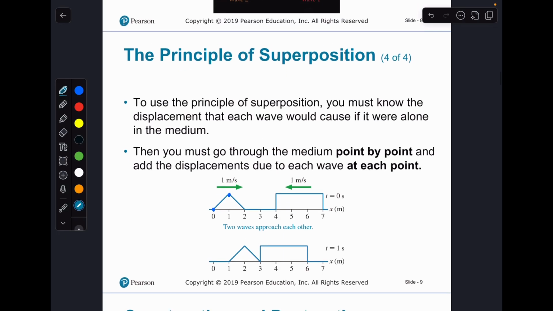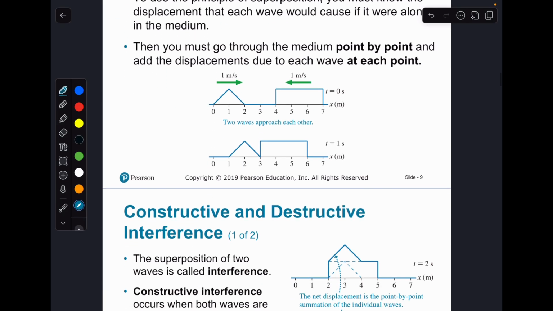We can look at that using snapshot graphs. Here we have a snapshot graph and we see two wave pulses moving towards each other, a triangle wave pulse and a rectangular wave pulse, both moving at the same speed. When they approach each other, they begin to add together.